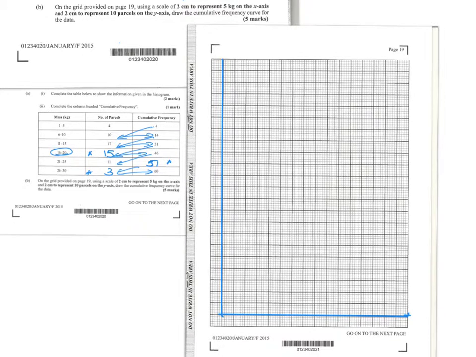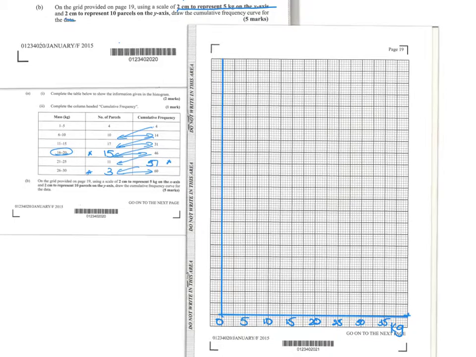So on the x-axis, they want us to represent 2 centimeters for 5 kilograms. So we know we're going to put kilograms on the x-axis. So every 2 centimeters will be 5 kilograms. So we have 5, 10, 15, 20, 25, 30, 35. That's the x-axis.